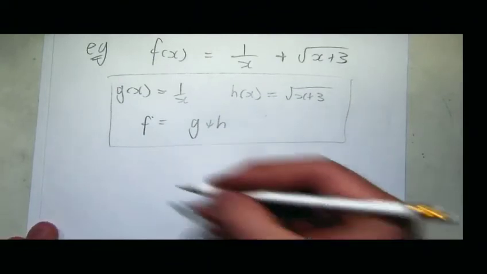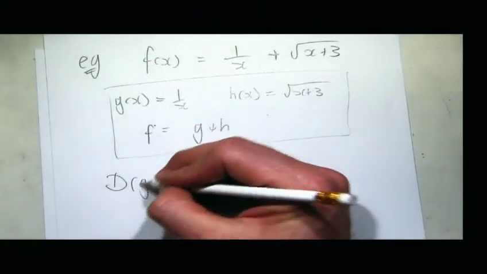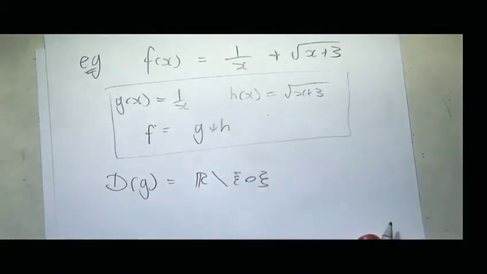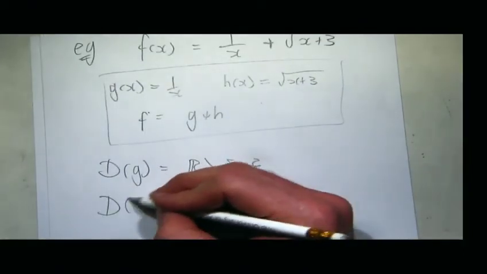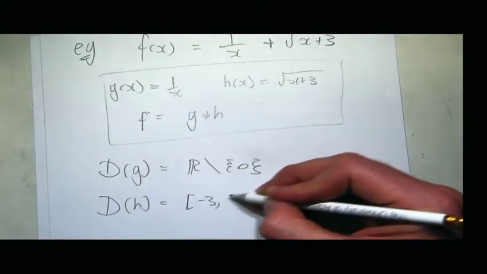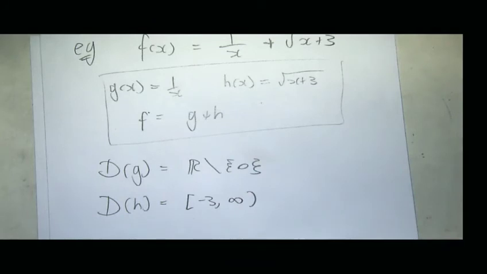So that would be the idea behind it. The domain of g is everything except 0. The domain of h would be from minus 3 up. If x is less than minus 3, I'll get a negative under the root sign.